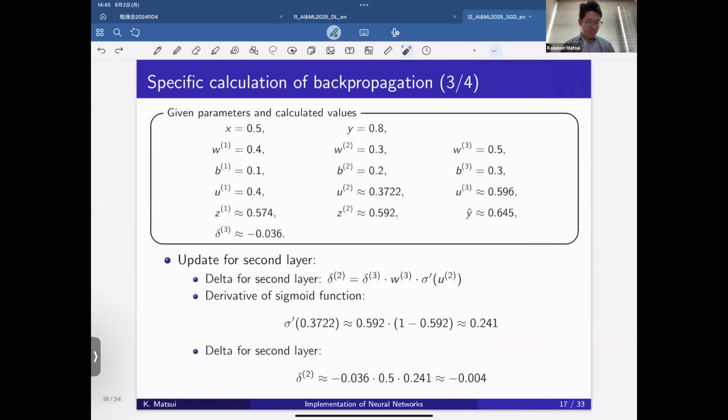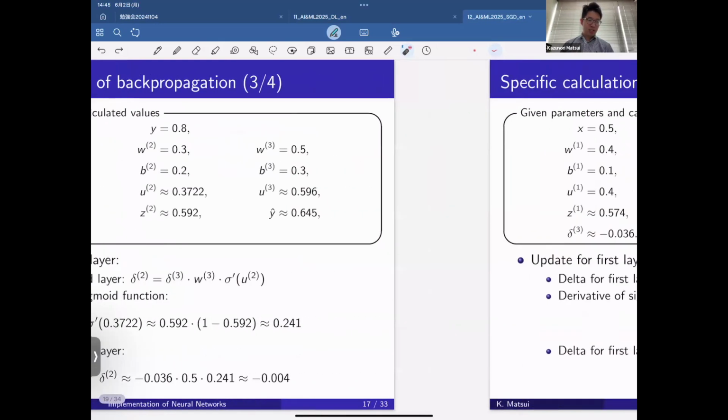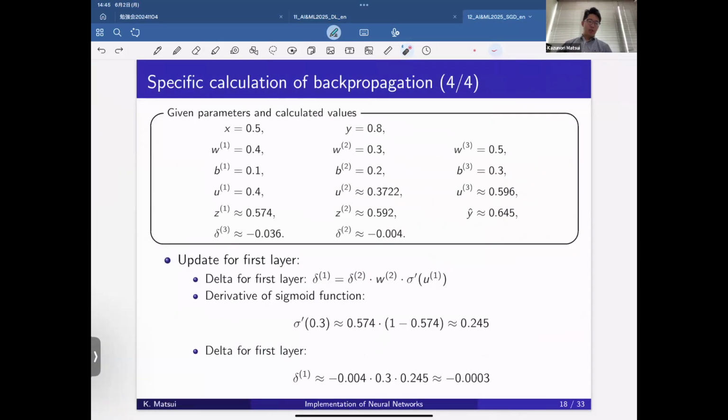Since we calculated delta for the second layer, next we can also calculate delta for the first layer. The calculation formula for delta is like this. So we just need to calculate sigma prime u1. Since u1 is where?